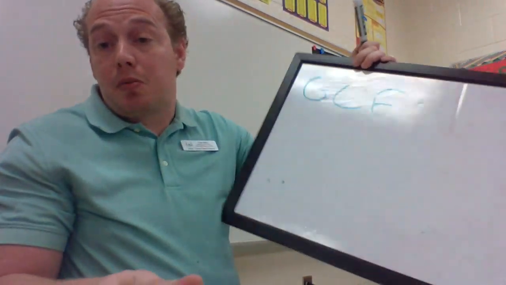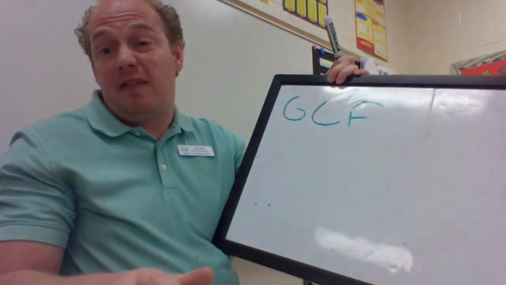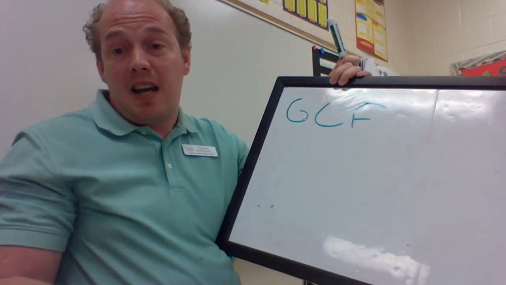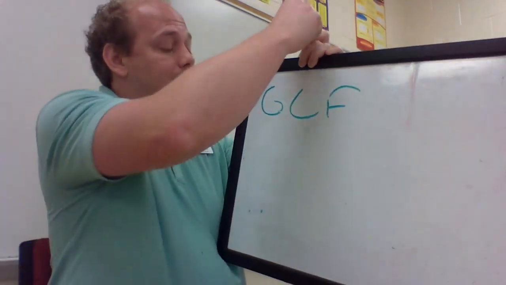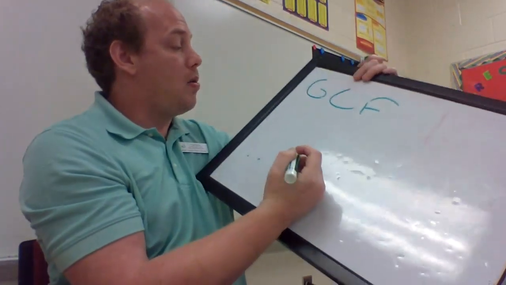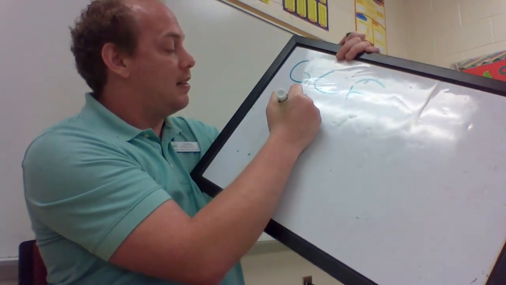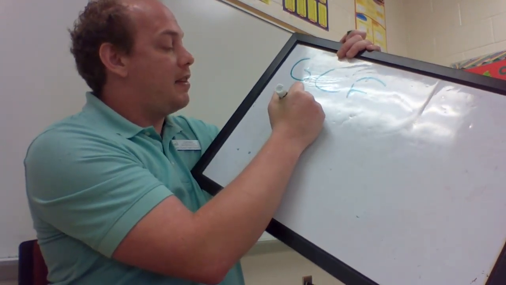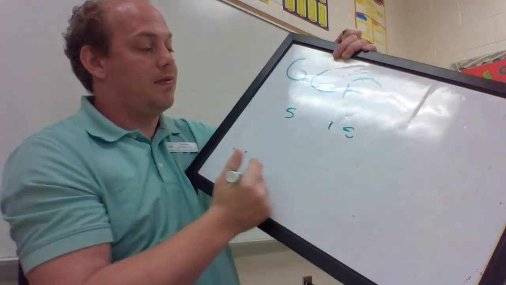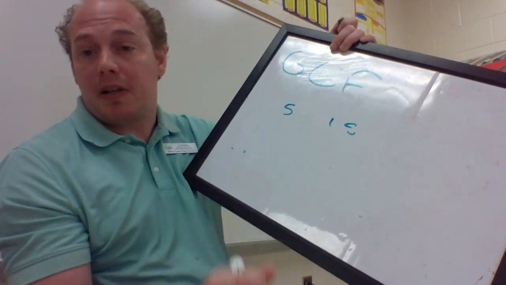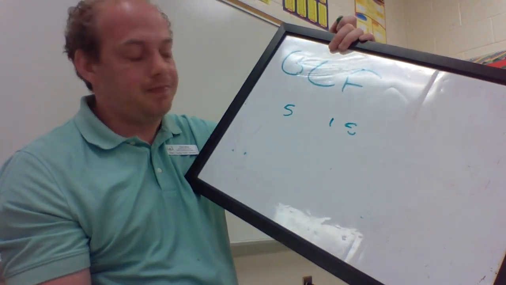And those are pretty easy numbers to find the GCF of. And some numbers will be pretty tricky to find the GCF of. And believe it or not, some numbers won't even have a GCF. So let's look at 5 and 15. 5 and 15 are pretty easy to find the GCF of.